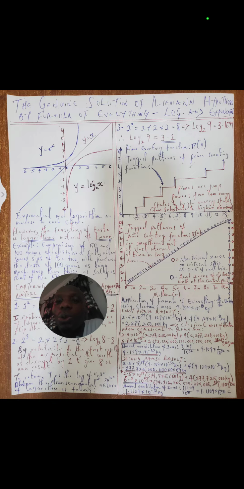Now the title is The Genuine Solution of Riemann Hypothesis by Formula of Everything. So we're going to explore the authenticity of the solution that we have by applying Formula of Everything.